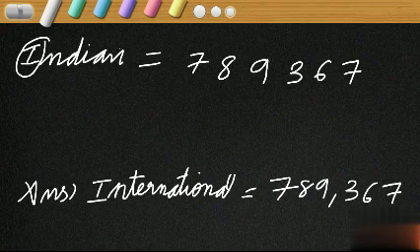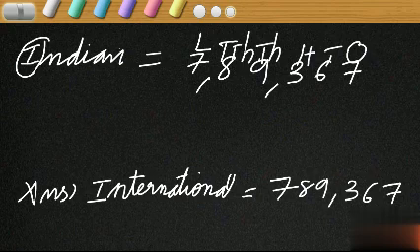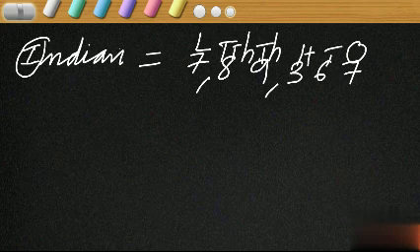Okay. What is the next step? Yes, mark the places as per Indian system. Ones, tens, hundreds, comma. Then as per Indian system, 1,000, 10,000, isn't it? Comma. Then we have lakh. Now 100,000 here. Now can we read this number? As per Indian system, what is the number name?